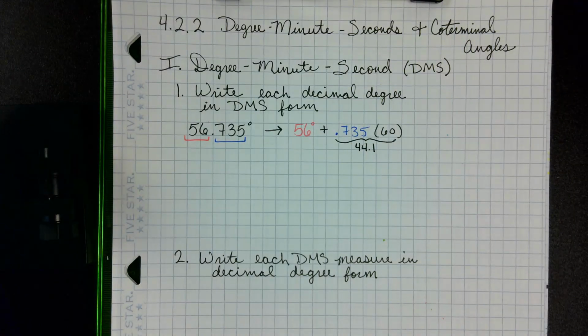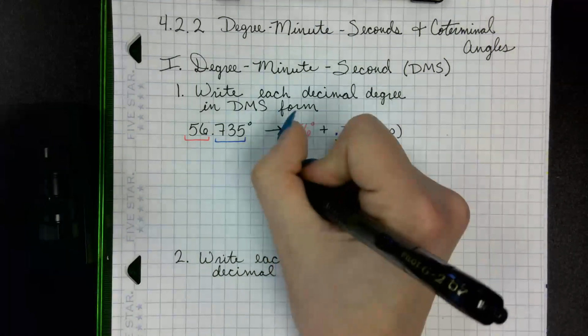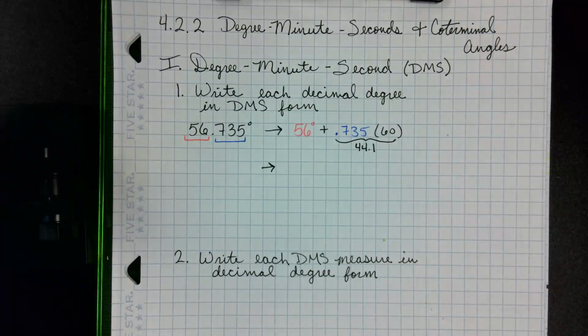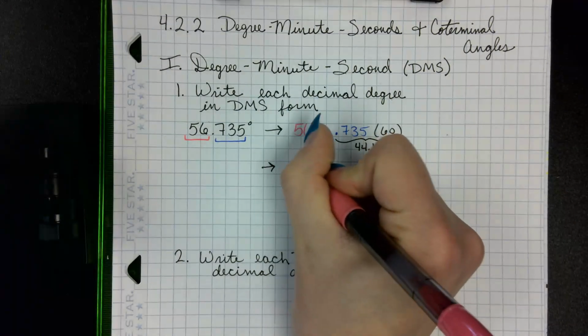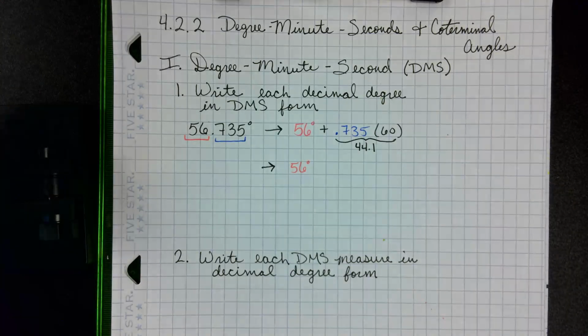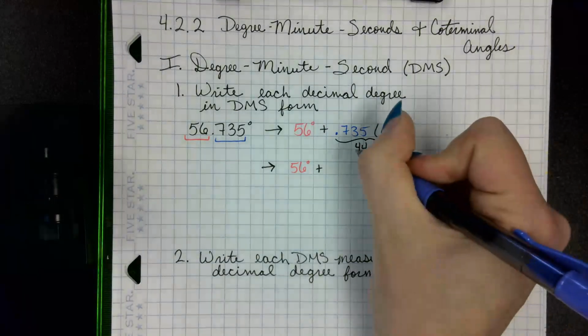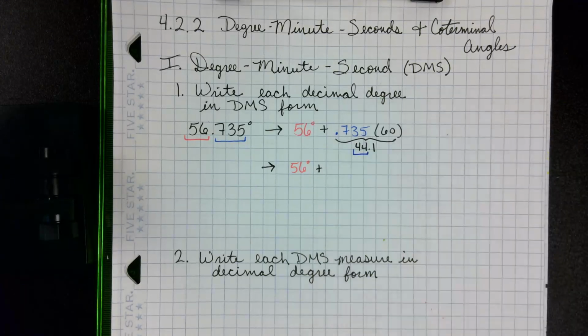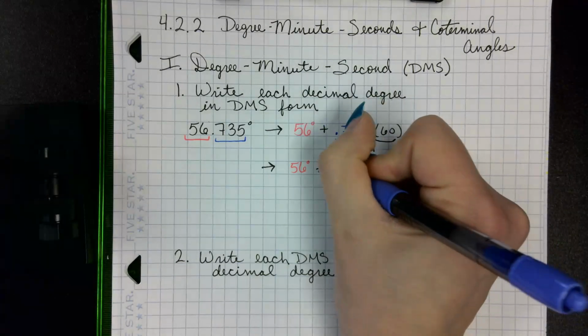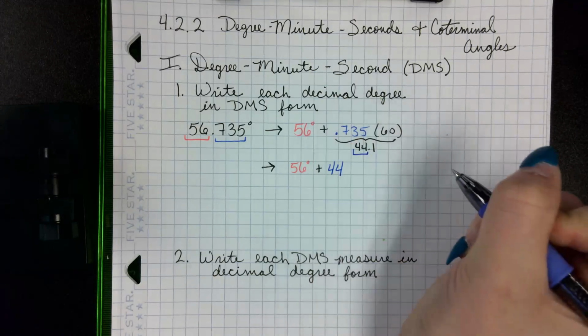Okay. So I'm going to make another line down here. Bring down the 56 degrees because I'm finished with that. That's just the way it's going to look at the end. Plus, I'm going to take the whole number part of my product, so the 44, that's going to be my minutes. So 44 minutes.